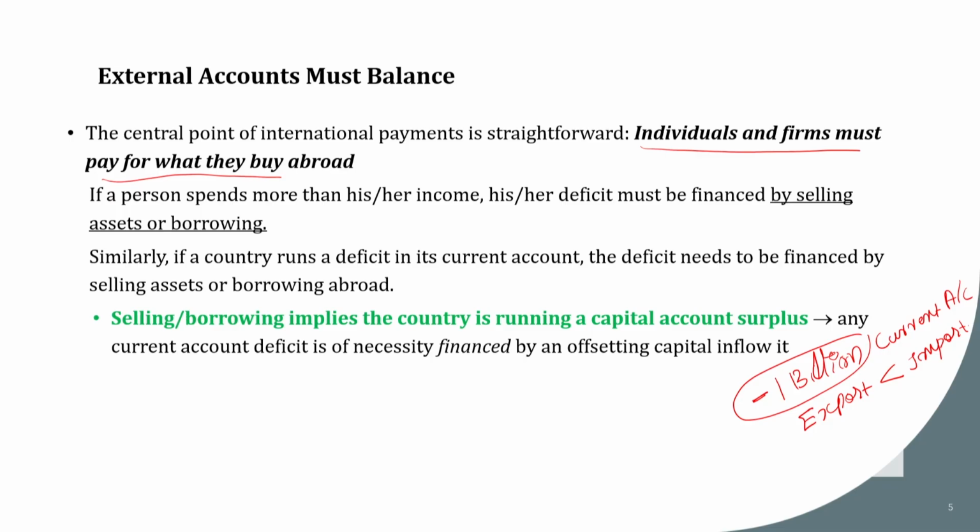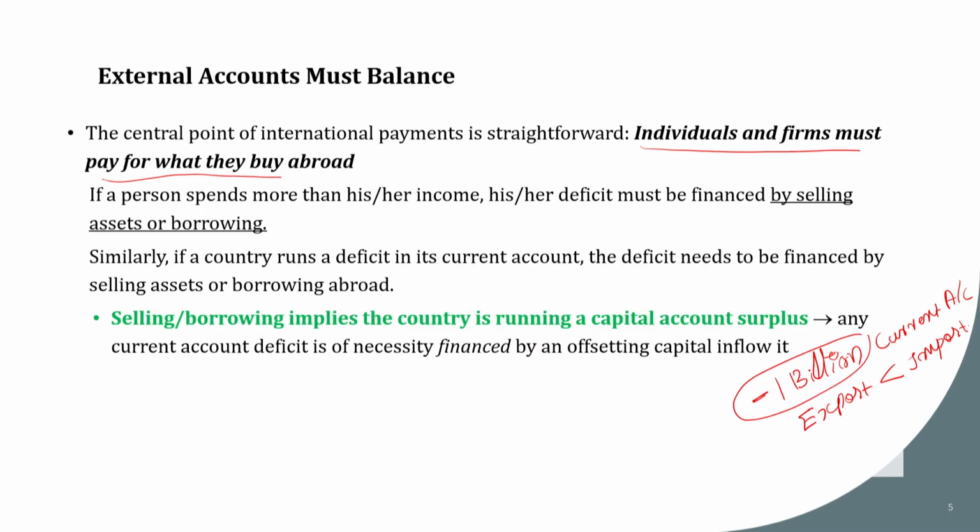They must pay. So this 1 billion they need to pay. In order to pay for this excess 1 billion, either they need to sell their assets, for example gold or any other assets abroad, or they should borrow from abroad. Either of these, or a mix of both, is how they can finance this 1 billion.